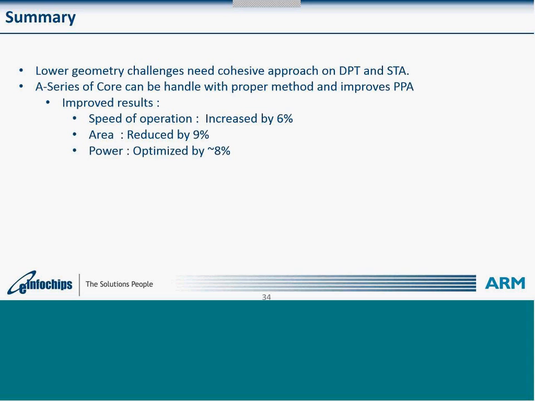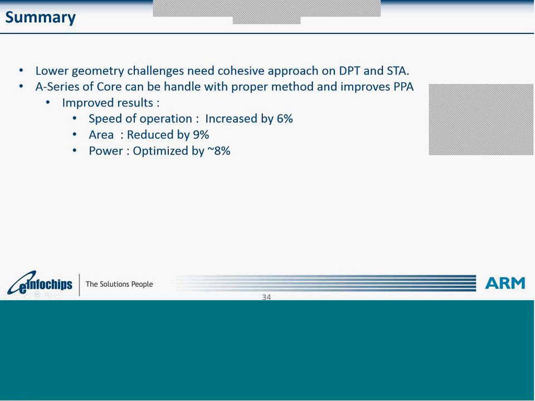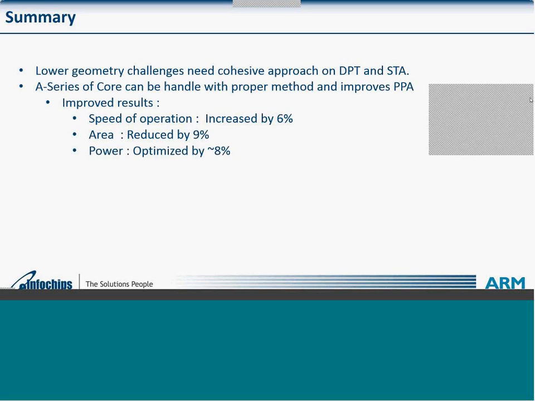The power we could optimize by 8%. This includes the CC opt technique we used and some custom CTS optimization, and some of the paths we fine-tuned with different techniques. These numbers are compared to our initial target.